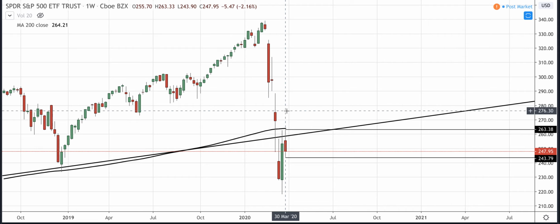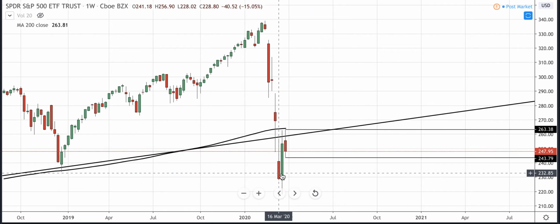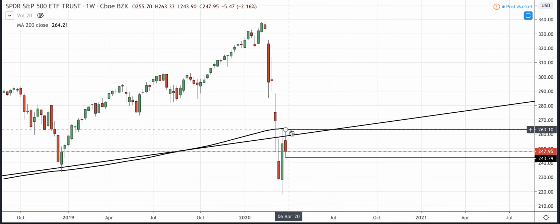That 200-week moving average is 264.21 right now. So on the SPY, keep a close eye on that 265 area. You can see we broke below the 200-week, came back and tested it, tried again this week, and kind of got rejected and sold off.